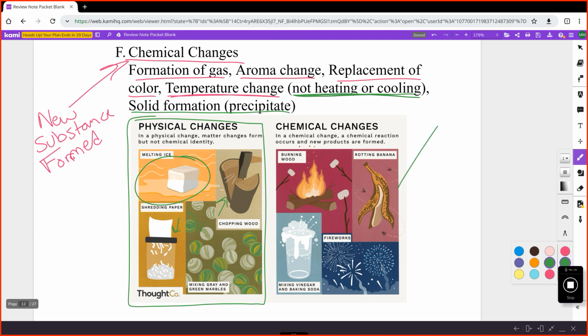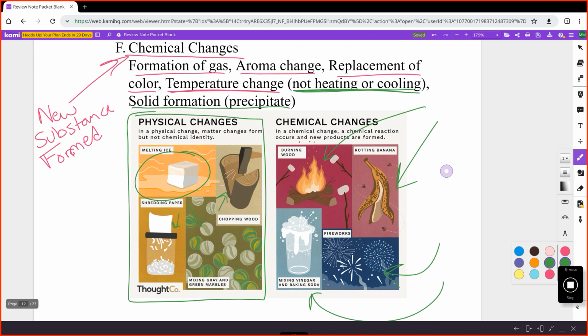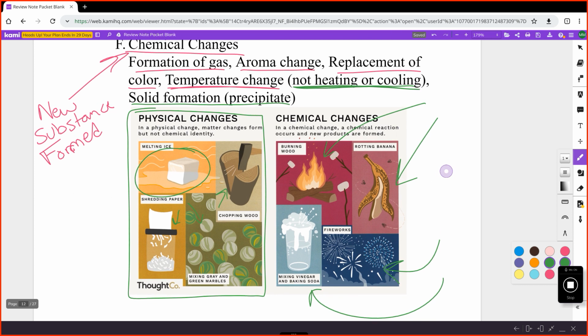But a rotting banana sure does smell funny and sure does change color. Burning of wood smells wonderful, gives off heat, changes the color of the wood. Fireworks, hot, they smell, they have color changes. And mixing of baking soda, gases are formed, temperature changes, and so forth.